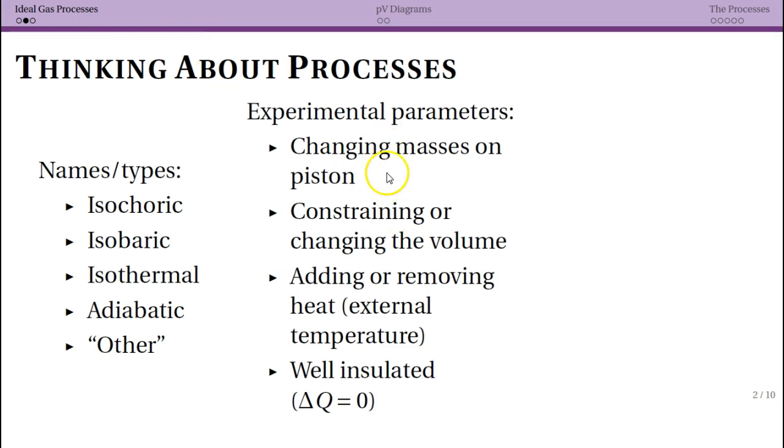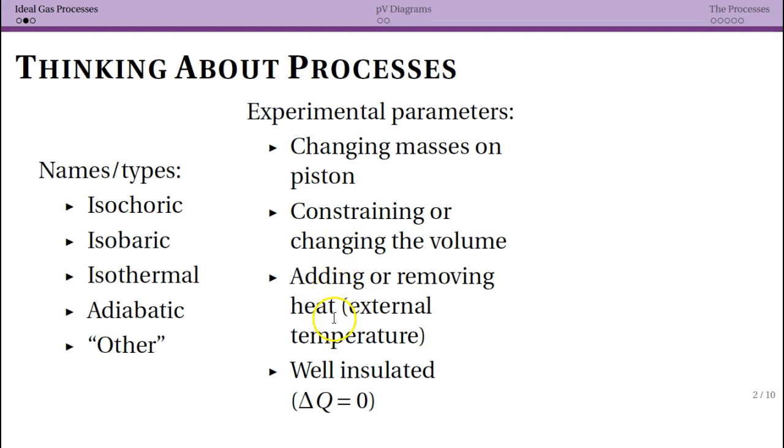So what would this look like? We could be changing the masses on the piston. This again would be changing the pressure, which is going to be not an isobaric process, right? So if we change the masses on the piston, we are changing the pressure, so we know it's not isobaric, but then we would have to know something else about it to know what else it might be. We could be constraining, i.e. holding in place the volume, which would be isochoric, or we could be changing the volume in a specific way.